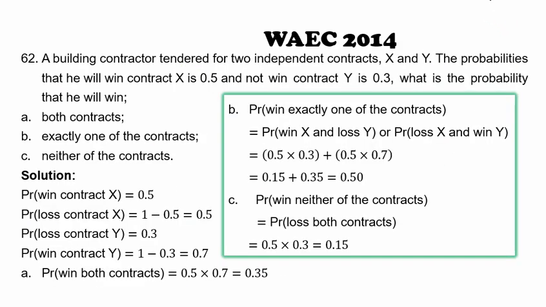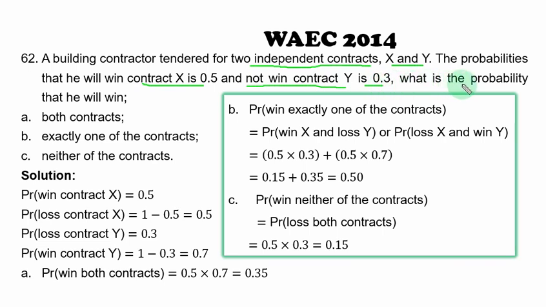Example 62. A building contractor obtained two independent contracts, S and Y. The probability that he will win contract S is 0.5 and not win contract Y is 0.3.